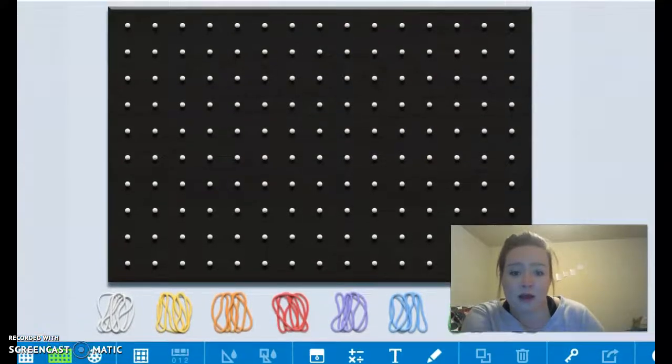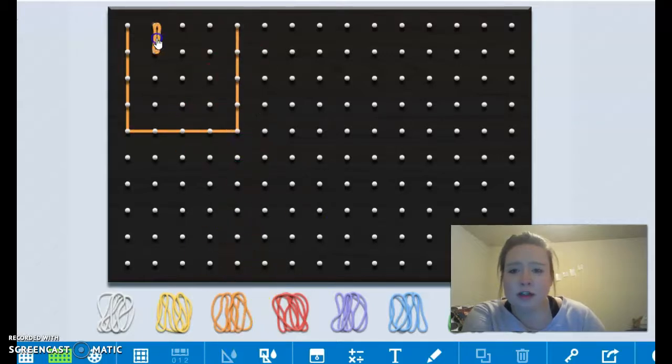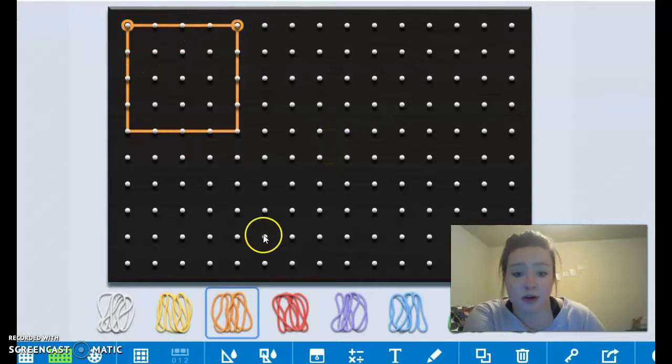I'm going to do a 1, 2, 3, 4 by 4 square. 1, 2, 3, 4, 1, 2, 3, 4. So I'm going to make two 4 by 4 squares.